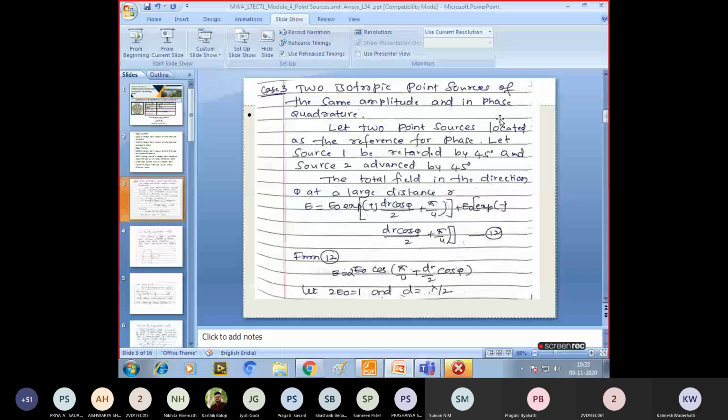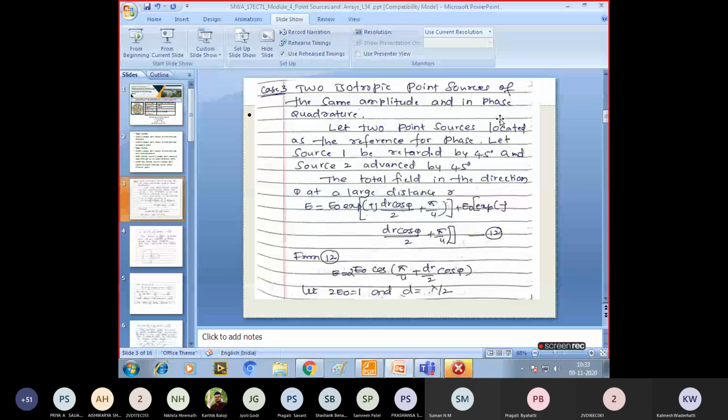With respect to that, the field will be analyzed in the far field distance, that is with respect to the r distance, the radial direction. Therefore, E equals E naught, the magnitude being the same because the two isotropic point sources have the same amplitude.